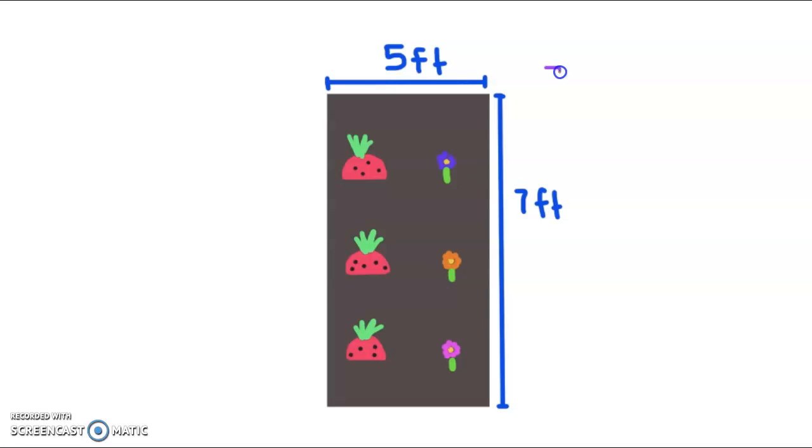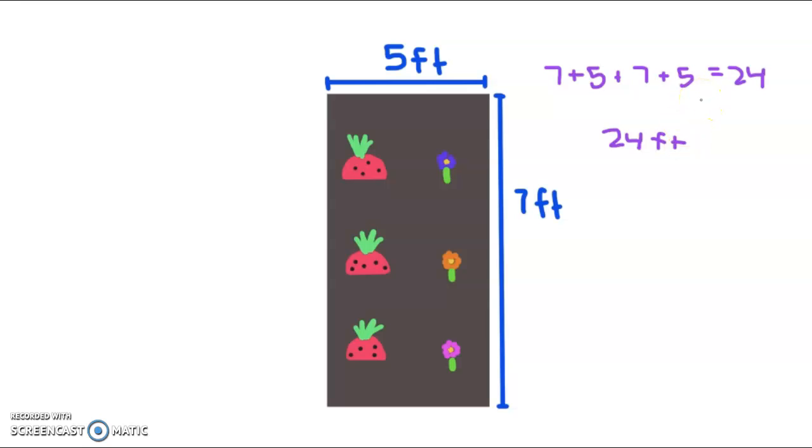So we do the length, which is 7, plus 5, which is the width, plus 7, which is the length, plus 5, which is again the width, which equals 24. So I need 24 feet worth of materials to have a fence around my garden.